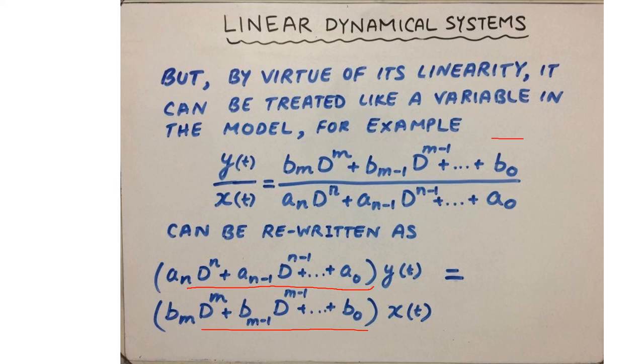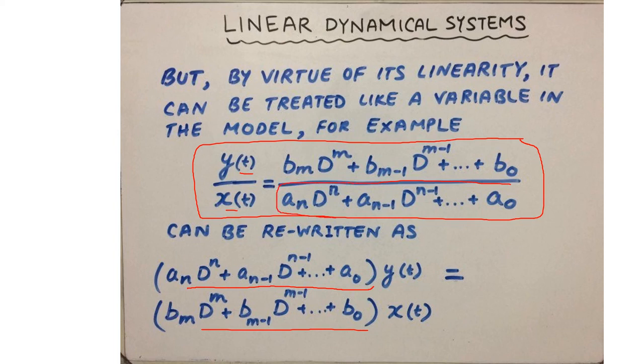So in the form that we derived in the last slide, obtained when you relate y of t with x of t, essentially y of t divided by x of t, we can bring all of these D operators in the form of a polynomial on the left hand side, and the mth degree polynomial in D on the right hand side. We can bring them all together inside the bracket and have them multiplied with x of t.